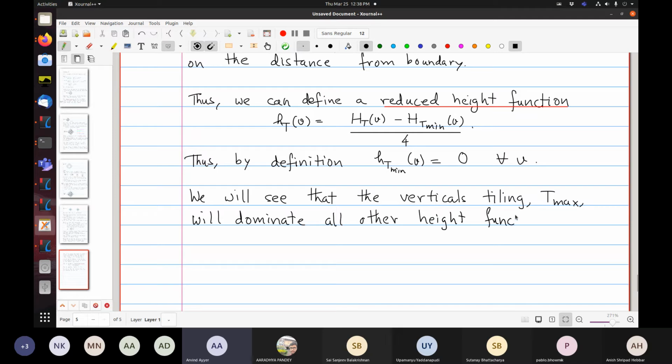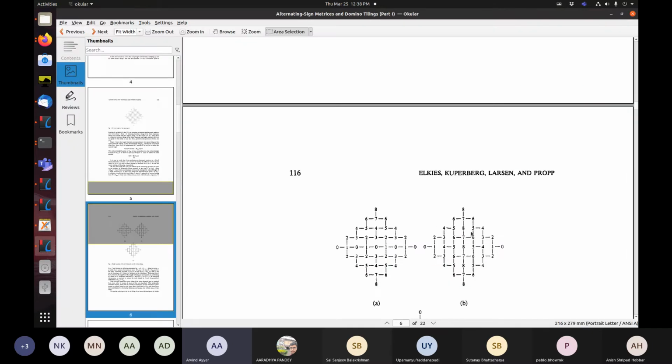And now this is the reason for this nomenclature. T min has the lowest reduced height, that is, it's always 0, and T max will always have positive height.